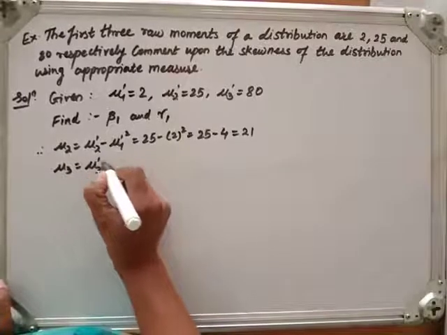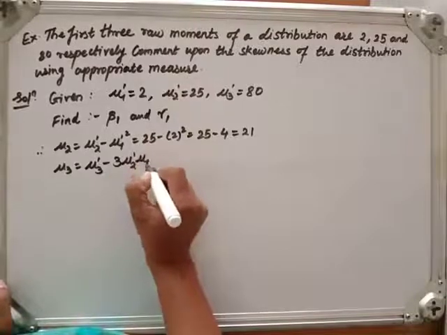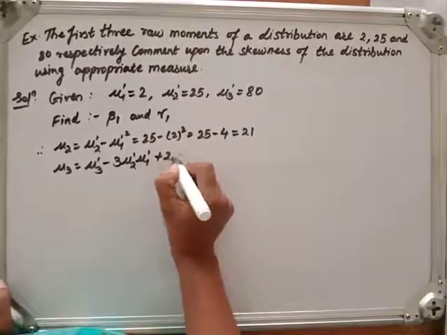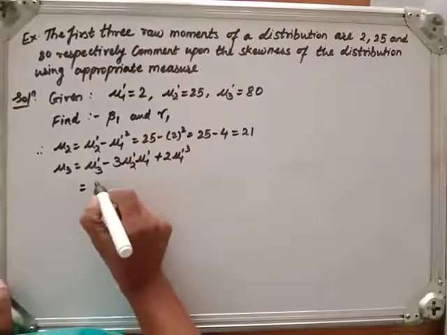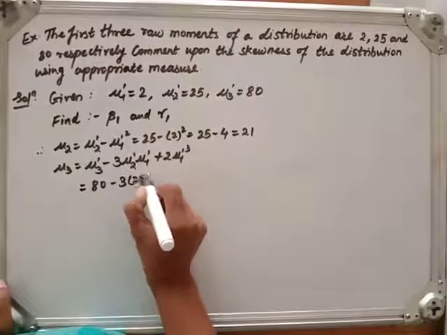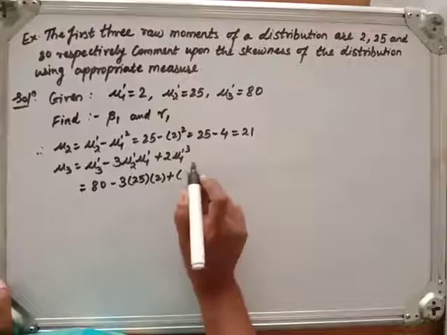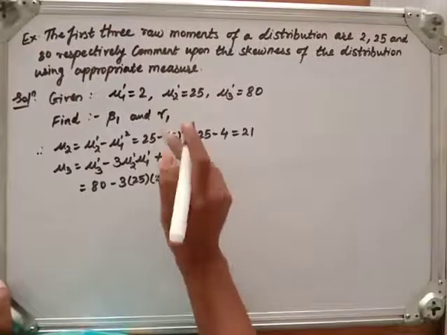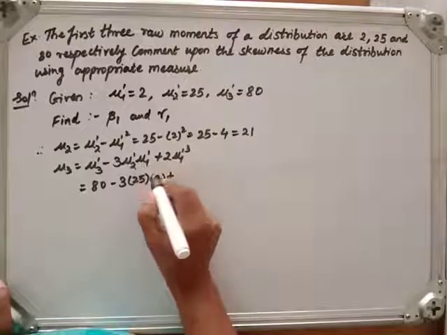And mu3 is what? Mu3 dash minus 3 mu2 dash mu1 dash plus 2 mu1 dash cube. So it is 80 minus 3 into 25 into 2, plus 2 into 2 cube, since mu1 dash is 2.